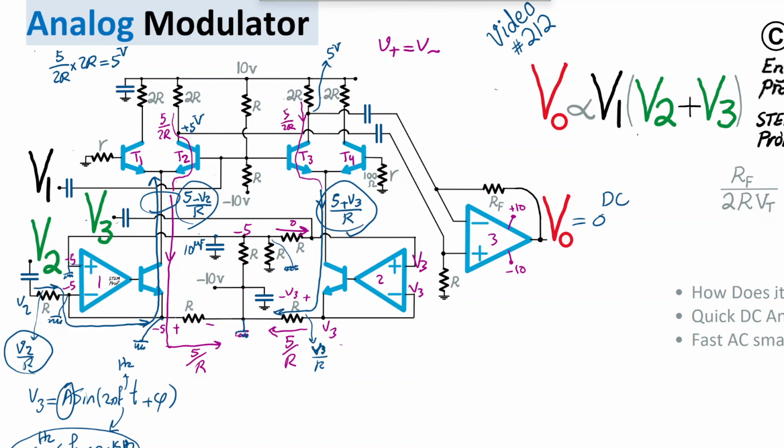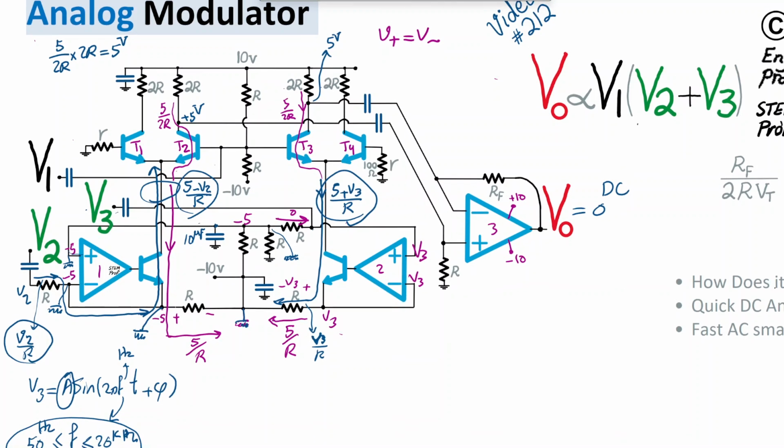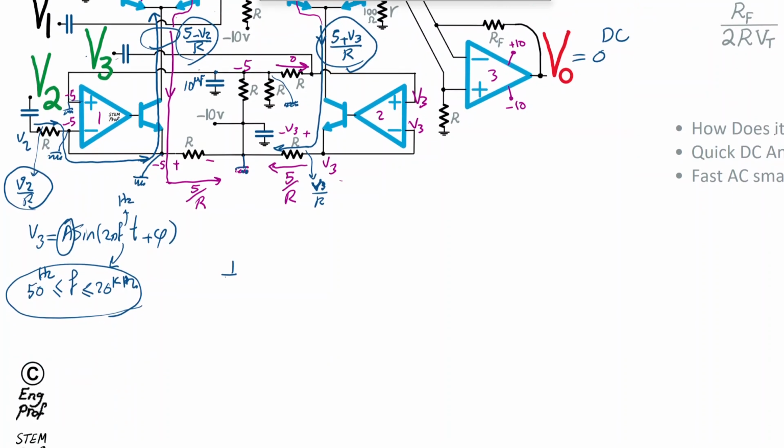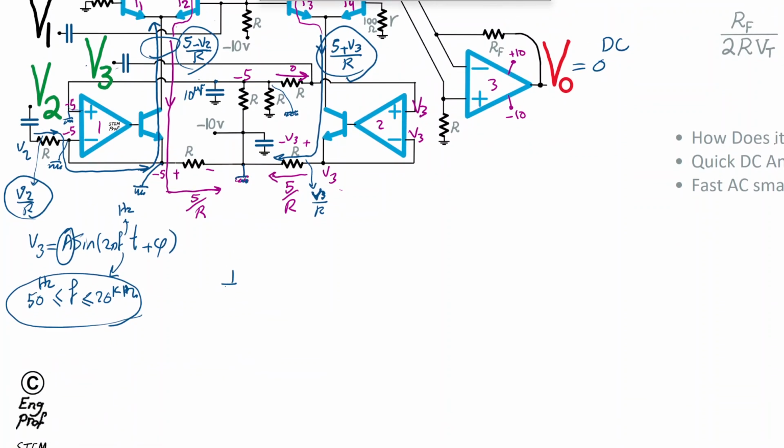All right, this is important because now, in order to do the AC analysis, let's focus on the differential pair of NPN transistors here. So what we have is something like this. I'm drawing this portion so that it's easier to see. There you go. So this is the AC ground.